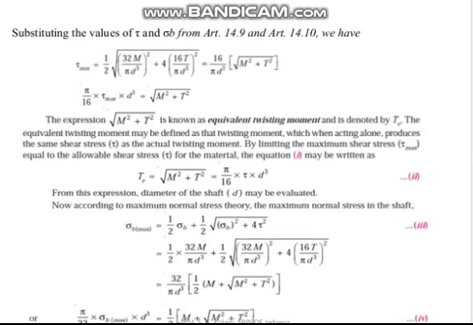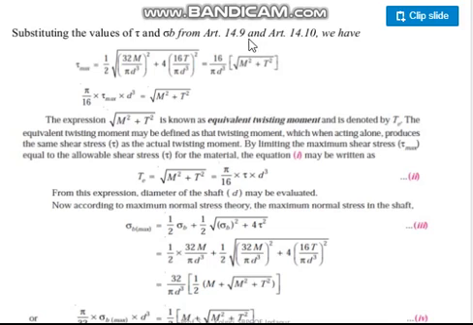Substituting these values, tau can be written as 16T upon pi d cube, and sigma b can be written as 32M upon pi d cube. If you substitute this, you will get tau maximum equal to 16 upon pi d cube times square root of M square plus T square.